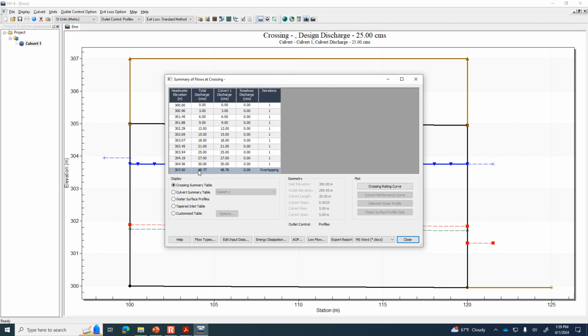So maybe what we've determined so far is that 600 millimeters is too small. What's the indicator that it's too small? There was overtopping, and we want this to have flow accommodated with no overtopping. 5,000 millimeters was too big.